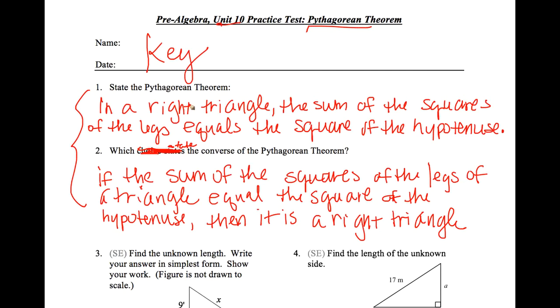So basically, it's the same thing in a different order. Here we start with "in a right triangle." Here we end with "the right triangle." All right. So pause here and get those copied if you need to.